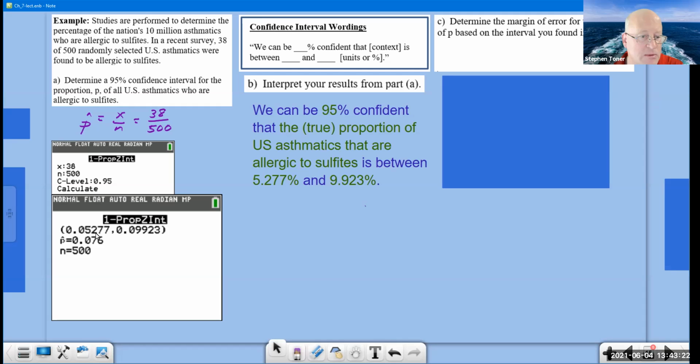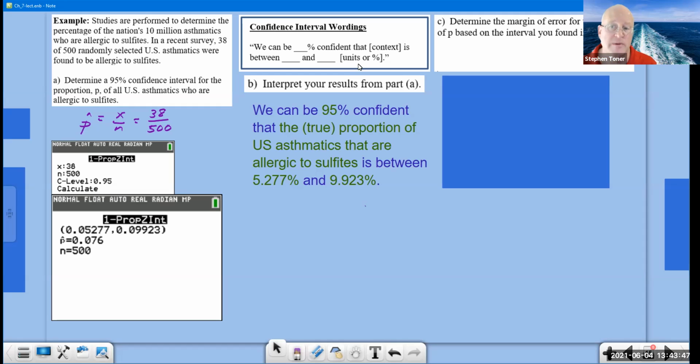But notice I've moved the decimal 2 places to the right because it makes more sense to say the true proportion is between these two percentages instead of between these two decimals. Okay, so everything in green is what I basically filled in, and my units on these proportion problems are just going to be percent signs instead of units that we used back when we were dealing with the means.